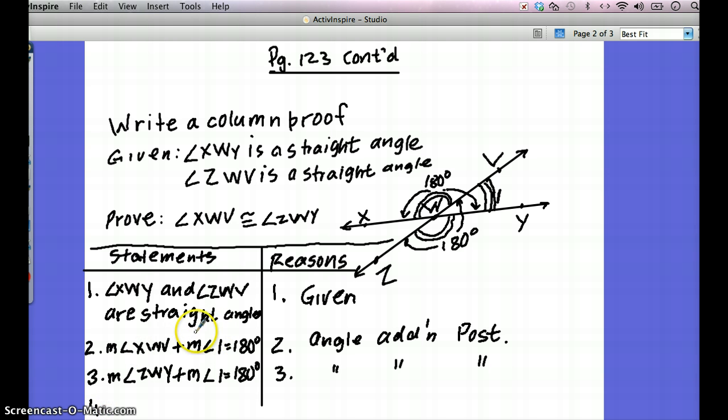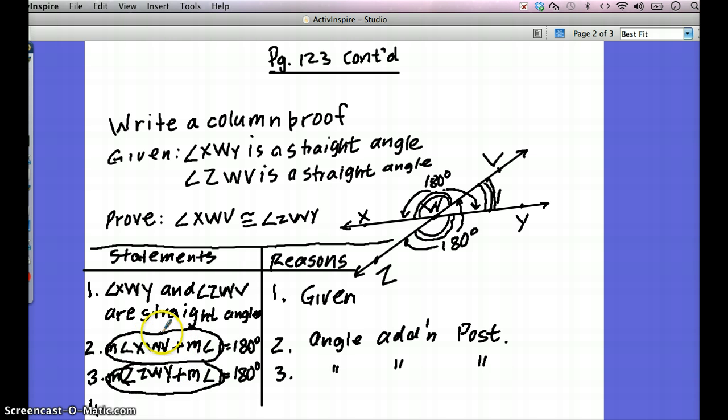We've got that all this cluster is equal to 180, and we've got this cluster as well is equal to 180. So I can say since this is equal to 180 and this is equal to 180, then these must be equal to each other.